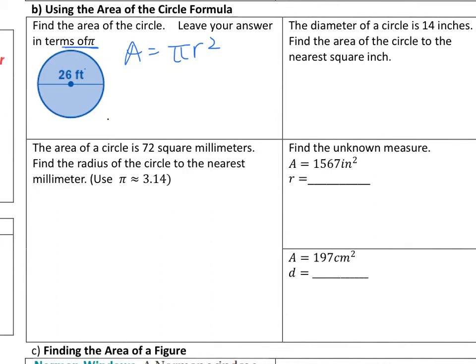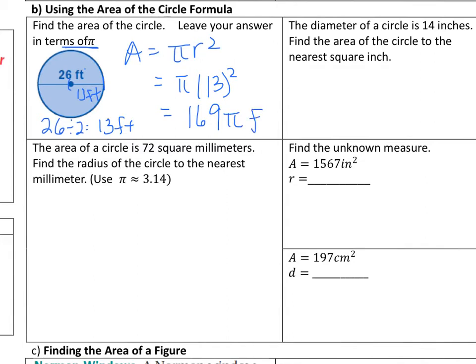Then, dividing that by 2, 26 divided by 2, you should get 13 feet as a radius. Then you can go ahead and substitute in r for 13. And after squaring that, you should get 169 pi. And remember, you need to label this correctly. We're calculating for the area, so we need to write feet squared.